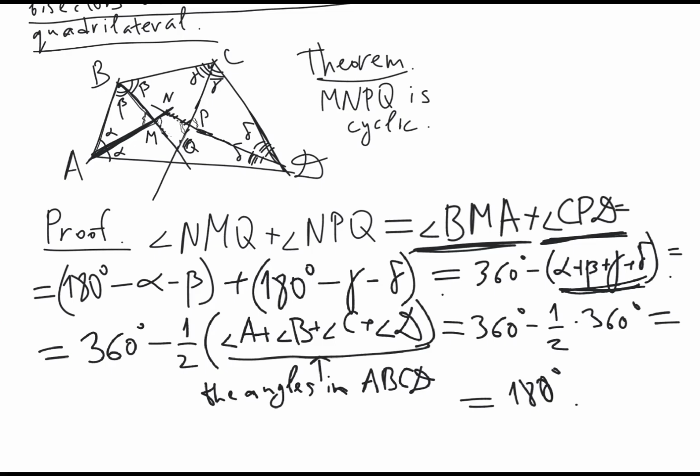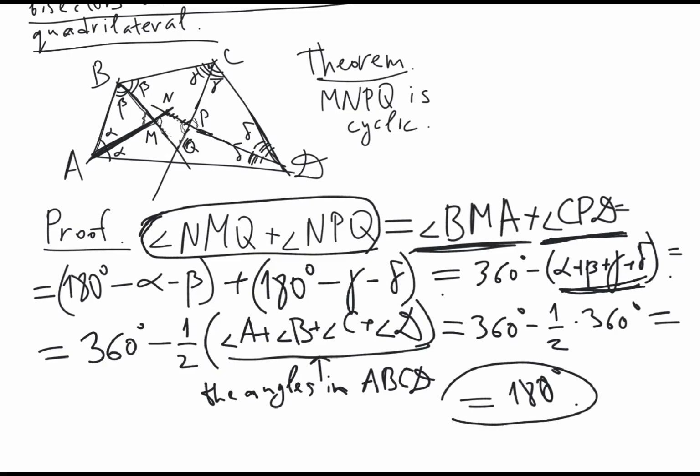So basically, look where we started. We started with the sum of two opposite angles in the quadrilateral MNPQ that we need to prove is cyclic, and we proved that it is equal to 180 degrees, which is exactly the criterion that the quadrilateral is cyclic.